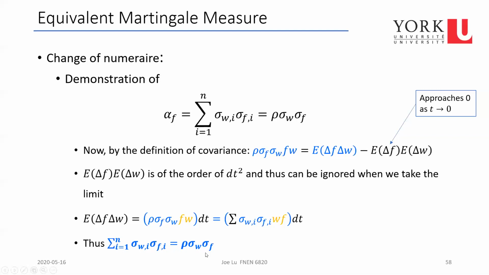If you know the correlation coefficient between W and F, and you look at each of them as a single process, with the volatility of process W and the volatility of process F, putting all the random factors together, then you have come up with this relation.